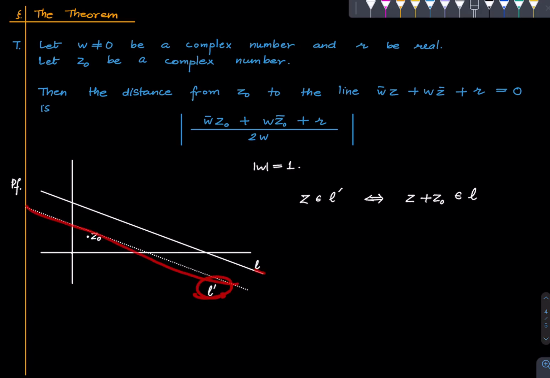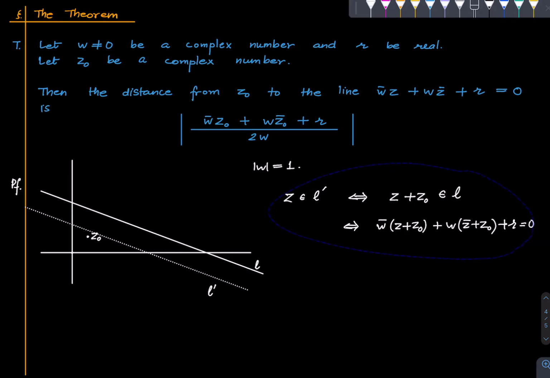So some point is here if and only if you add Z naught to it and you get something on L. So these two things are equivalent, and therefore this happens if and only if W bar times (Z plus Z naught) plus W times (Z bar plus Z naught bar) plus R equals 0.